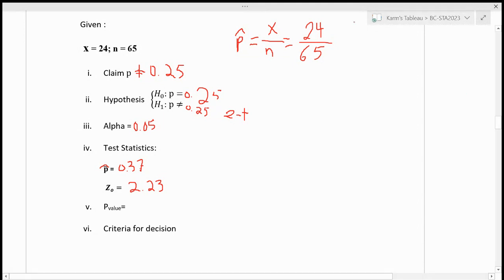Thank you, Nicole. So based on what Nicole just wrote me over here, it's going to be 2 times 1 minus P of Z less than Z sub 0. Now Z sub 0 is 2.23.